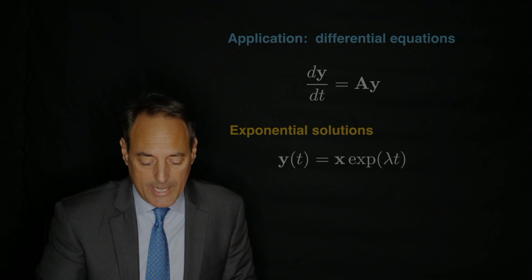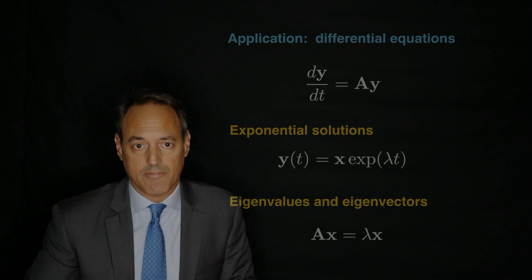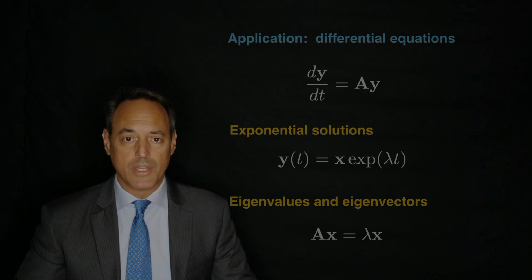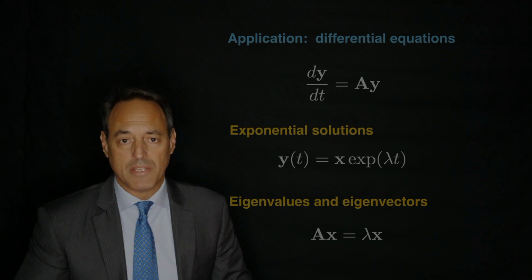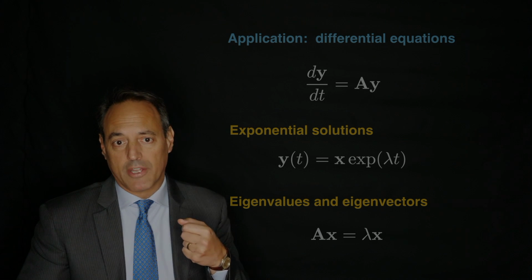Once we do that and plug that in, what you find is an eigenvalue problem. So for most basic differential equations that we study, this immediately leads to an eigenvalue problem.